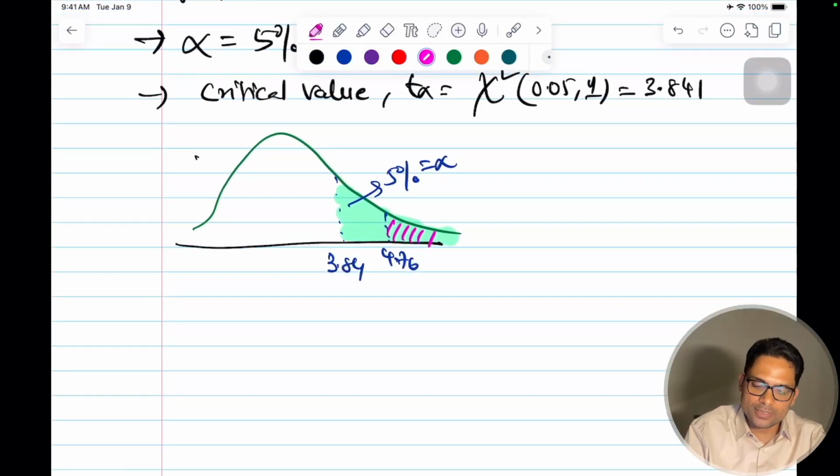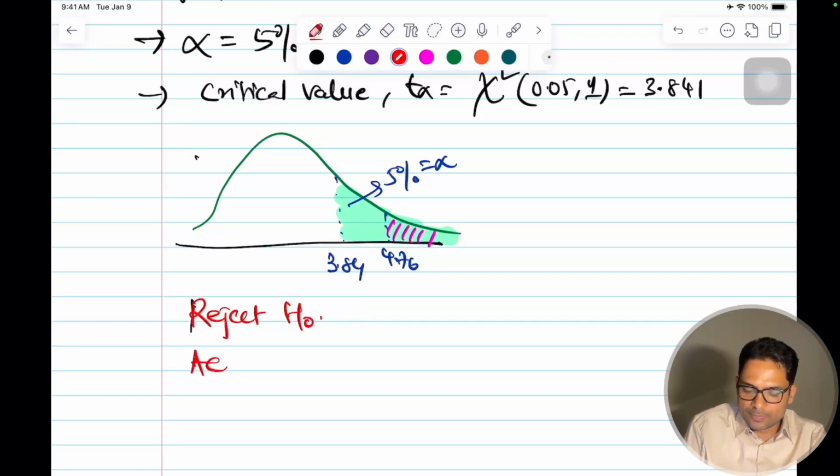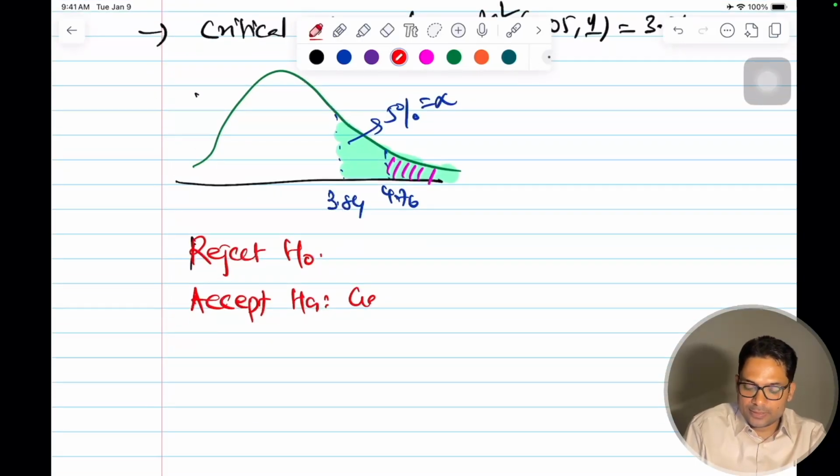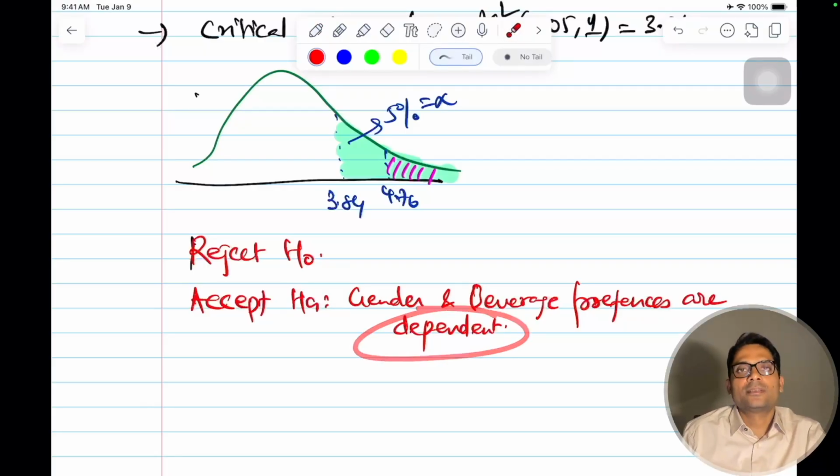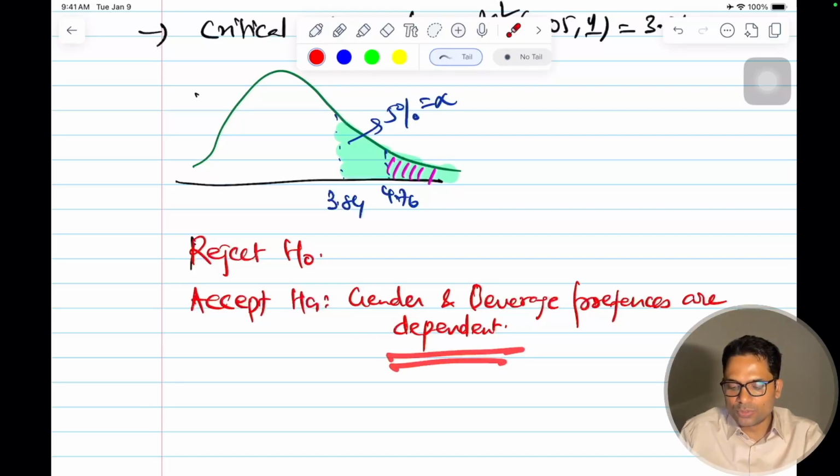So based on this, finally we will reject the null hypothesis, and then we will accept the alternate hypothesis, that gender and beverage preferences are not independent, but they are dependent. So from the chi-square test of independence, we found out that both are dependent. I hope this is clear now.